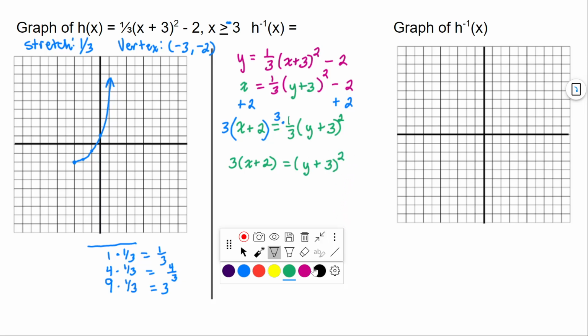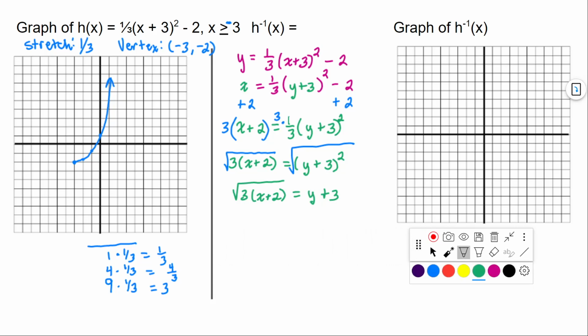Now I need to undo the squared, so we take the square root of both sides, and we now have the square root of 3 times (x plus 2) equals y plus 3. And then, to get y by itself, we subtract 3 from each side. I can't actually subtract the 3 from anything because everything else is underneath the square root.